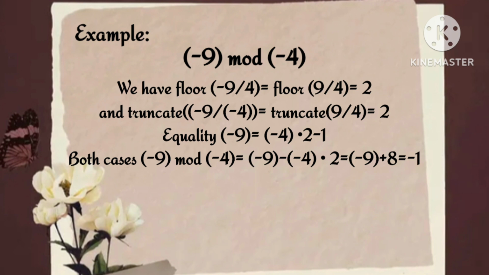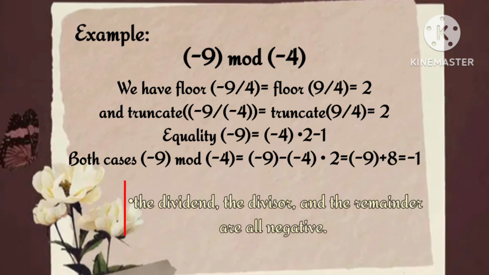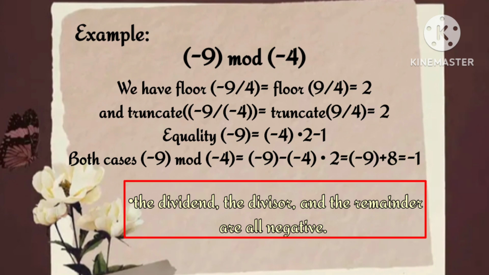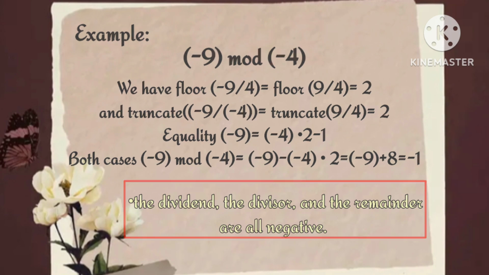Hence, the equality negative 9 equals negative 4 times 2 minus 1 corresponds to both truncated and floor division, and implies that in both cases we have negative 9 mod negative 4 equals negative 9 minus negative 4 times 2 equals negative 9 plus 8 equals negative 1. So, the dividend, the divisor, and the remainder are all negative.